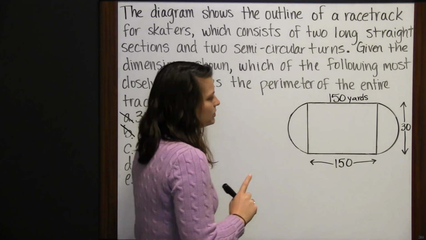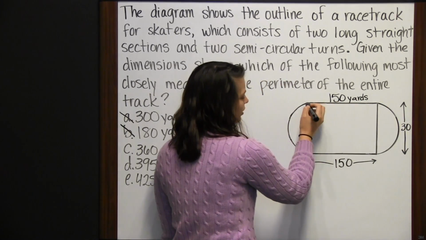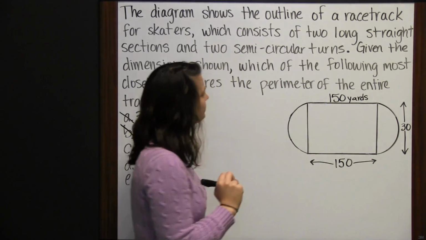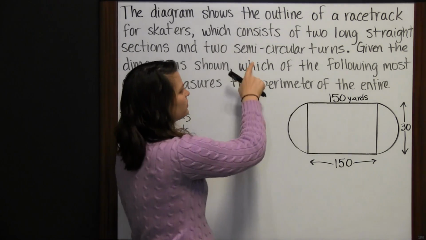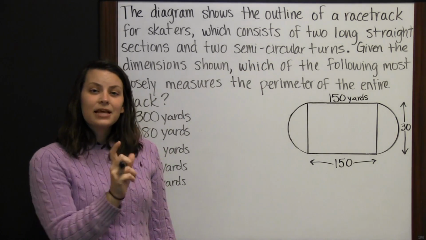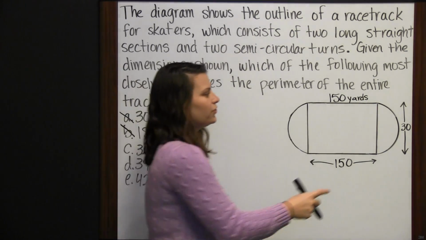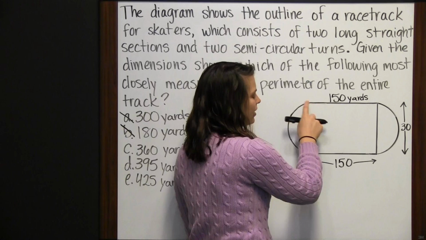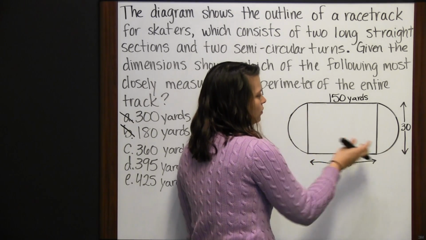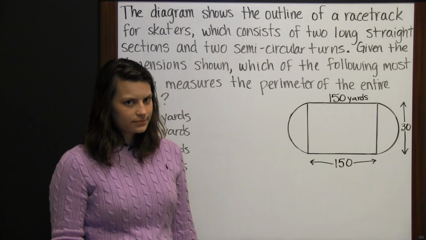So that means we need to figure out what this distance is here and here. They told us that these were semicircular turns. That means that semi means half of a circle. So if you take these two halves of a circle and you put them together, you get one whole circle.